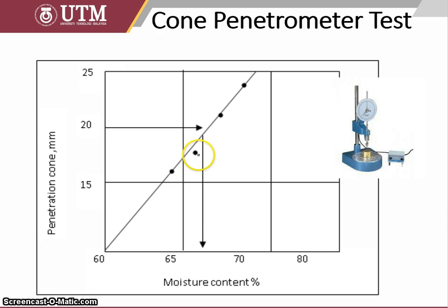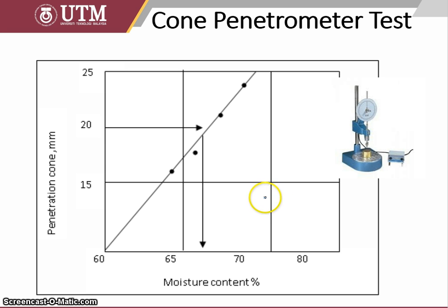If we have 4 different results, we can plot the graph and make a straight line. Then we can read the moisture content at 20 millimeter cone penetration. The moisture content is not measured from the initial water added. Instead, we take a small amount of the soil sample, put it into a small cup or lid, and dry it for 24 hours in the oven.